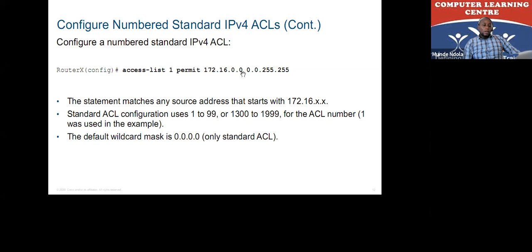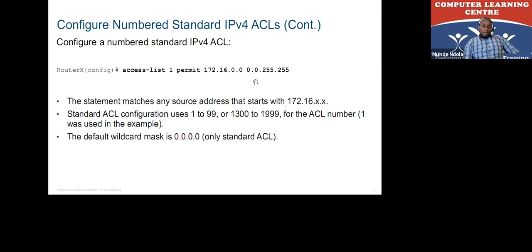The wildcard mask there says 0.0.255.255. In that case, the first two octets, because it's 0.0, mean it should be exactly 172.16. The third and the fourth octet is 255, which means there can be any value. So when you use 255, it means ignore the value on the corresponding octet.